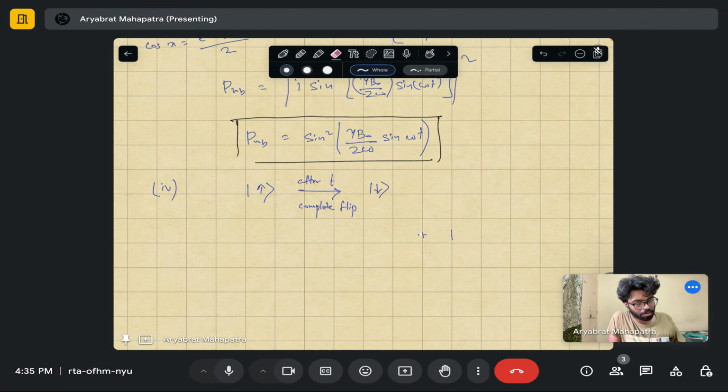For this complete flip, that means the probability is completely 1. I mean, the probability of getting this down state is 1, because you don't have any mixture of up and down.